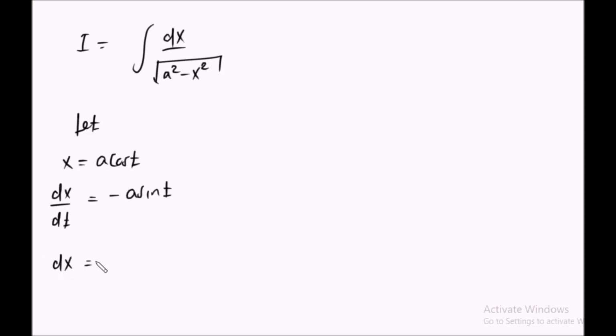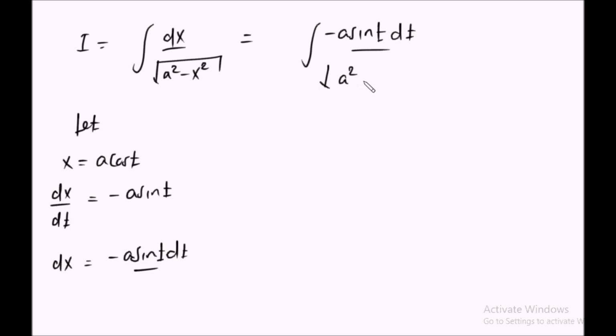So dx itakuwa sawa na negative a sin t dt. So hii integral yangu hii itakuwa ni negative, maana dx sasa naweka huyu a sin t dt over the square root of a squared minus x squared. So x ni huyu sasa a cos t, lakini amesema squared, kwa hiyo kama hivyo like this.